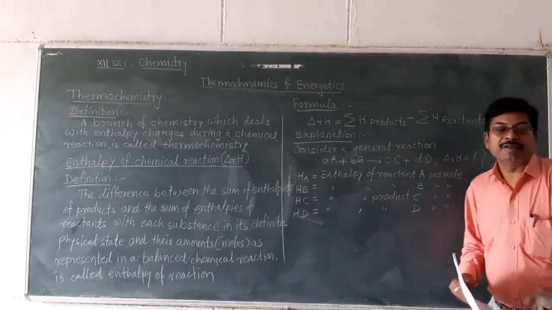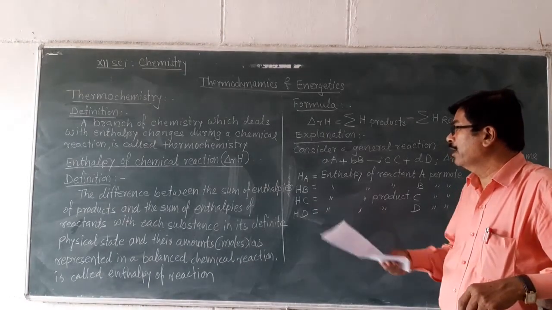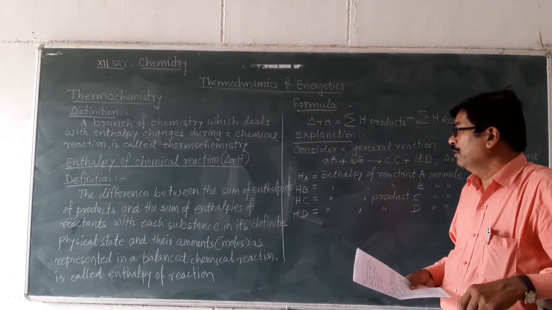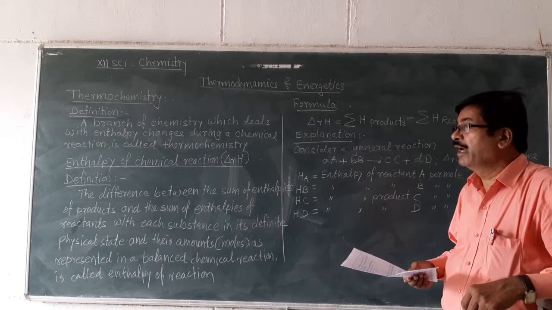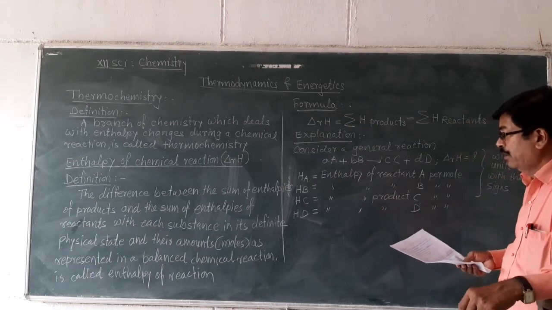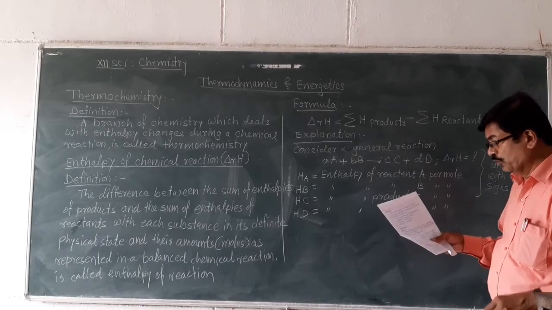Ha, Hb, Hc, Hd, all these are enthalpies. They are to be put in the formula along with their signs and same units. All are either in joules or all in kilojoules.